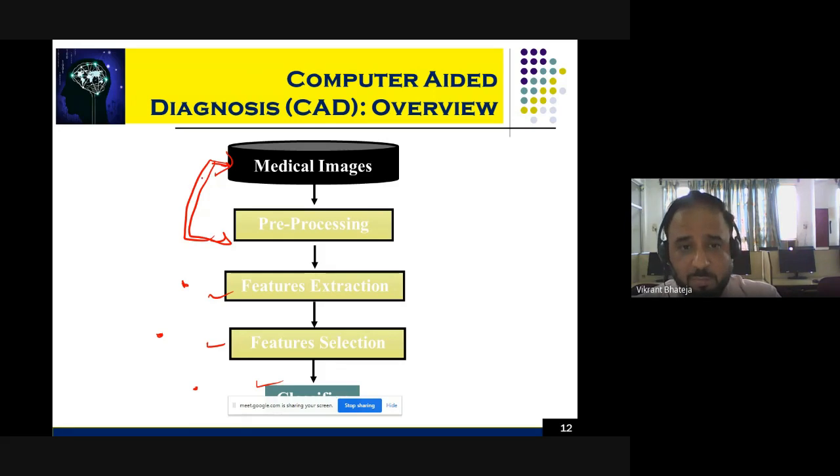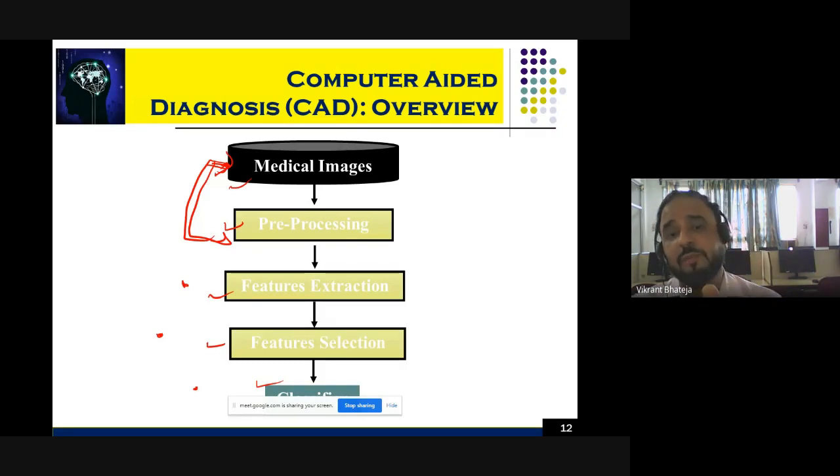So the major challenge is at the stage when these medical images are acquired, and based on these challenges we do a certain amount of pre-processing. Now, the sensor and acquisition systems for each of the medical imaging modalities are very different.